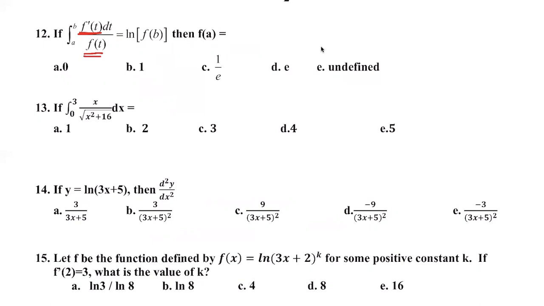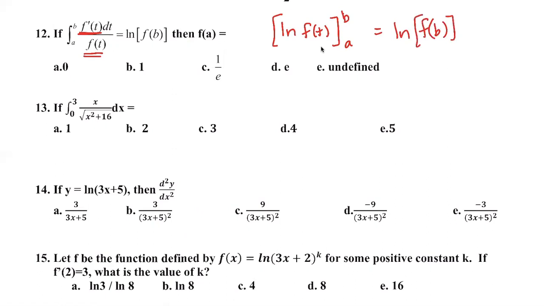So if you want to think about it in terms of u, your u is usually the bottom, and the derivative of that is already the top. So you would have the ln of f of t, and you're going to evaluate that between a and b. And then you're going to set that equal to what they're saying, which is the ln of f of b.